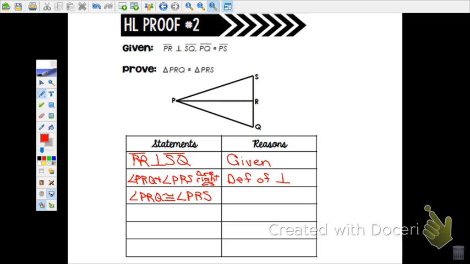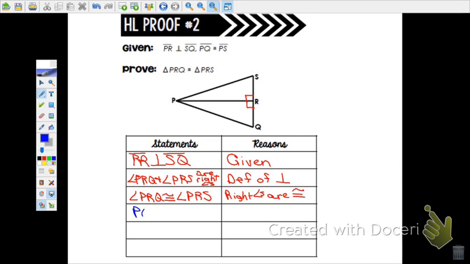Need to be looking at your choices down below. How do I know those two angles are congruent? All right angles are congruent. We used that in that proof we checked yesterday. So that used that given.